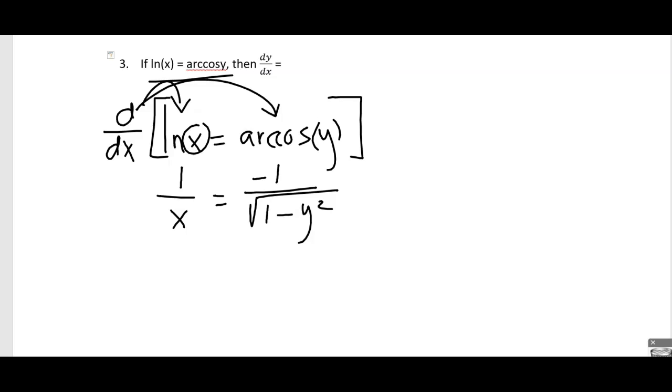Now, when you're doing implicit differentiation, remember when this and this letter don't match, you have to put a y prime there, okay? Which is just another way of saying dy dx, right? So I want to get the y prime by itself now. So I'm going to multiply both sides by the square root of 1 minus y squared.